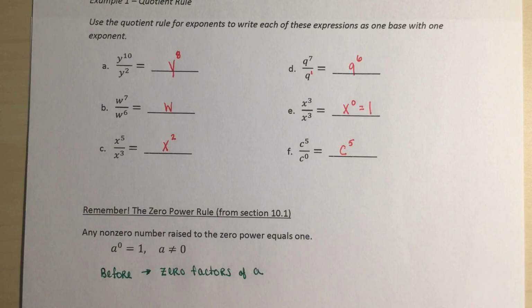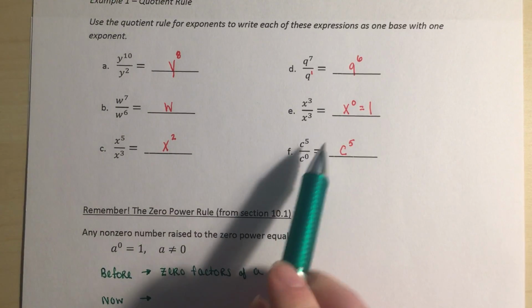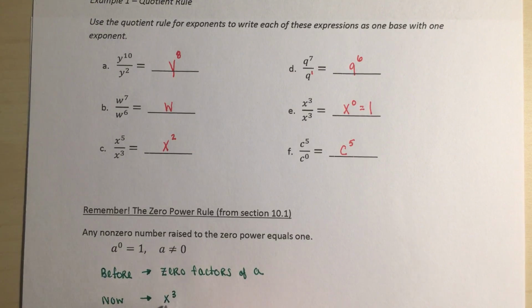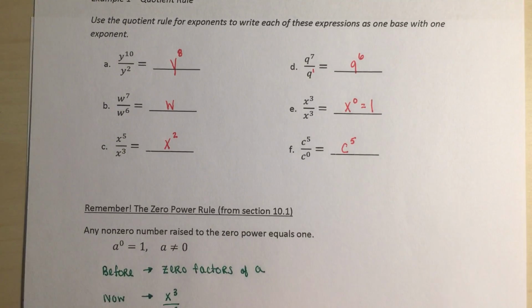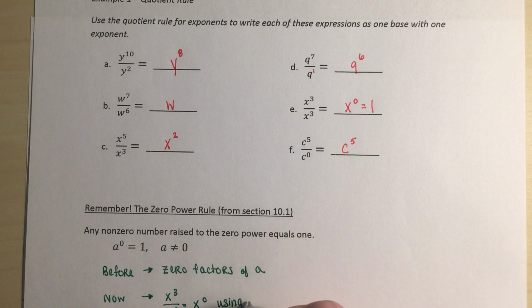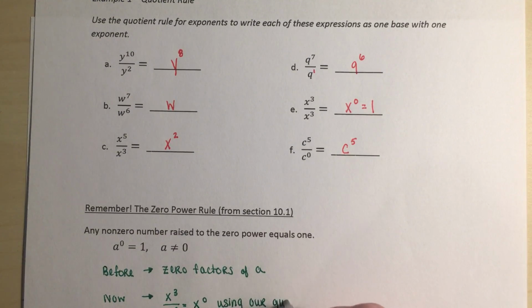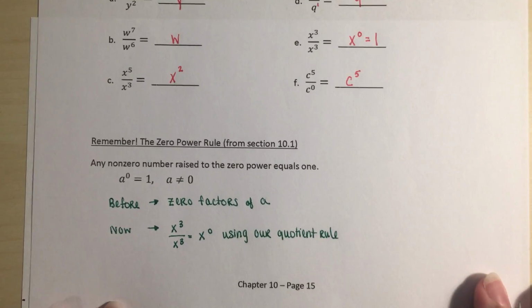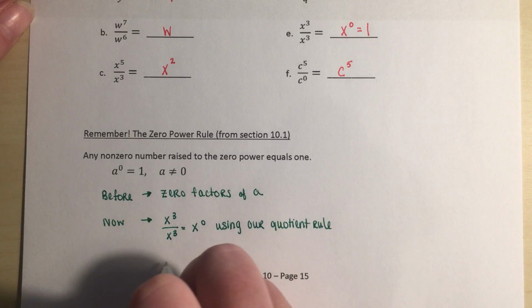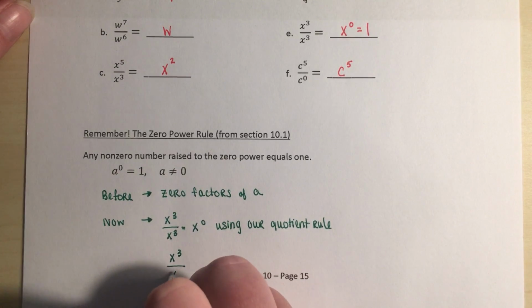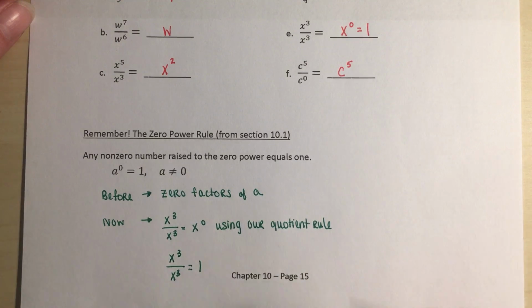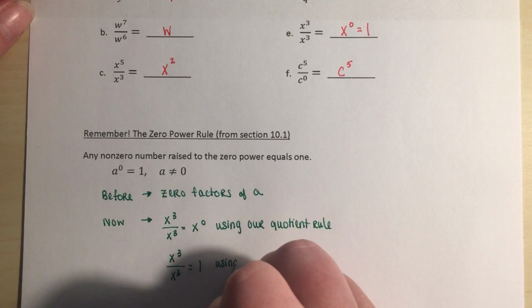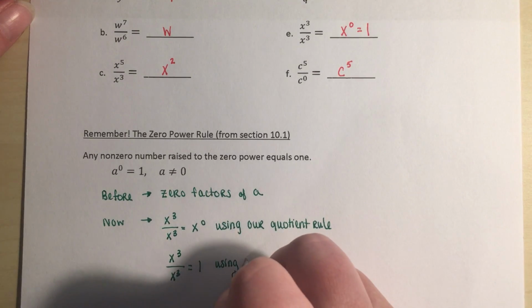But now we can say, using example E, that x to the 3rd divided by x to the 3rd equals x to the 0 using our quotient rule. And x to the 3rd over x to the 3rd just reduces to 1 using what we know about fractions.